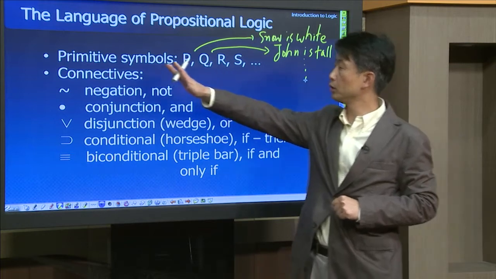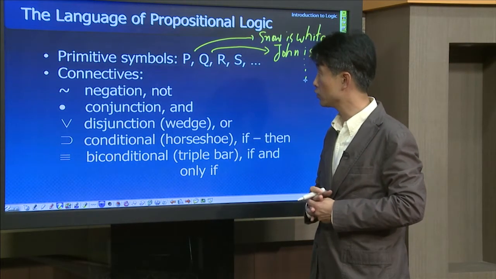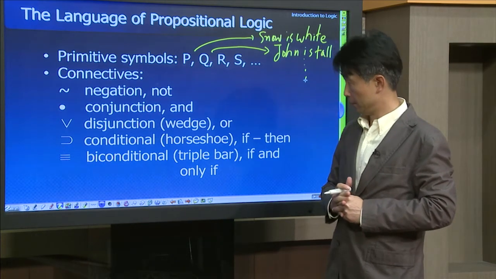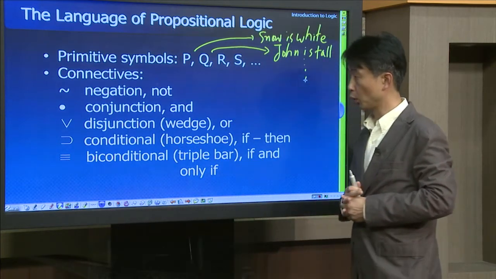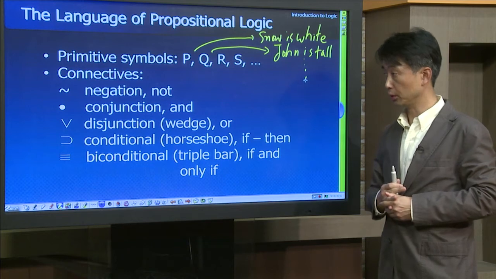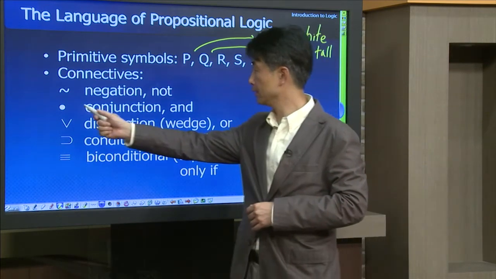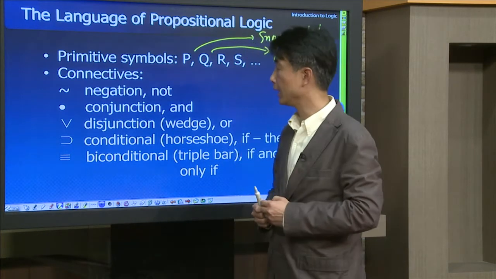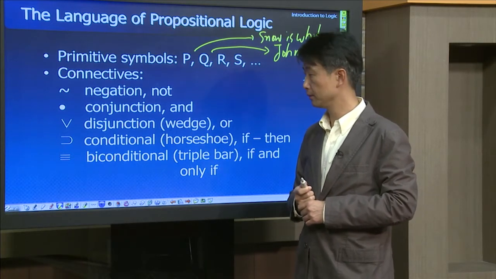And in addition to these primitive symbols, we have connectives in the language of propositional logic. There are 5 of them. And this tilde sign is called negation, and it corresponds to not in English. Dot is called conjunction, and it roughly means the same as and in English.